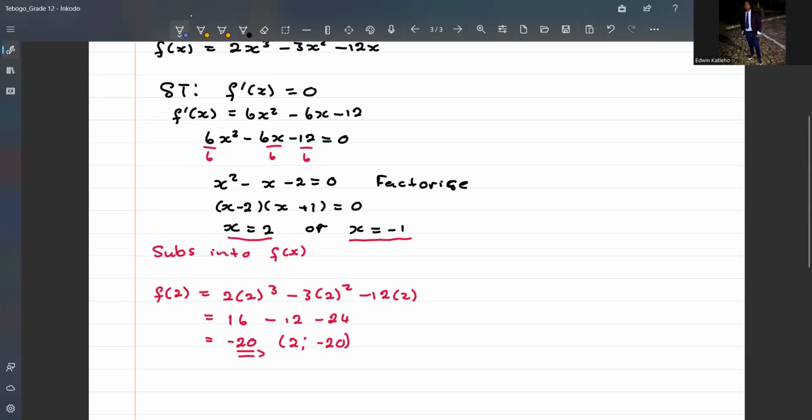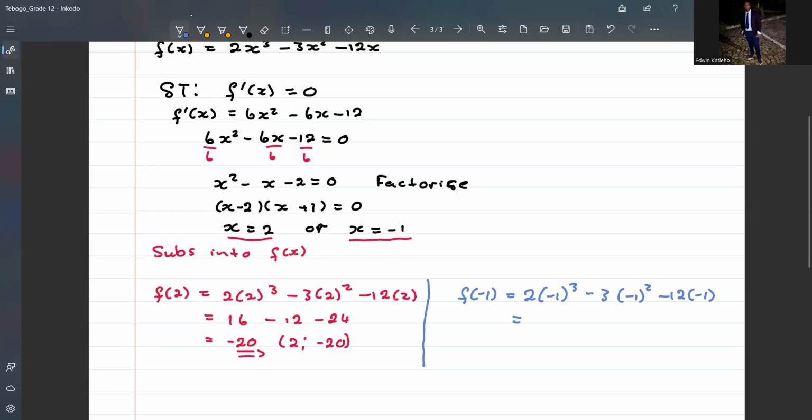Then we need to find the second stationary point. We substitute -1. So we'll do f of -1, which will give us 2 into -1 cubed minus 3 into -1 squared minus 12 into -1. But you don't have to show all of the steps. You can just punch this into your calculator and get your answer.